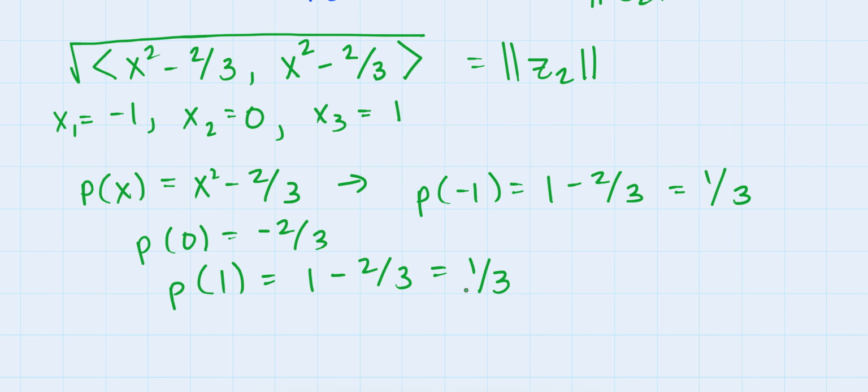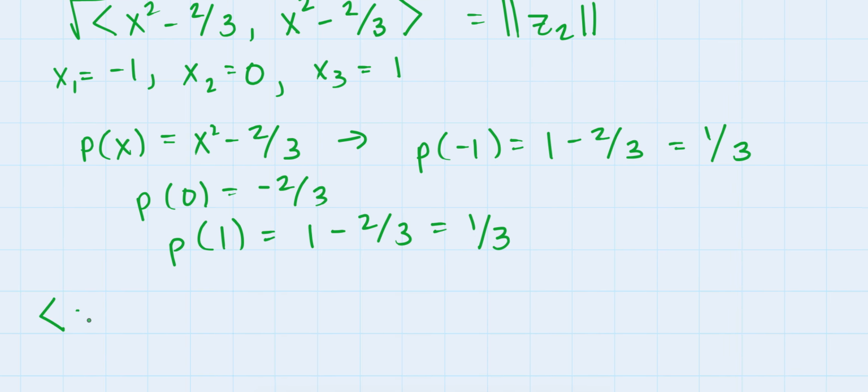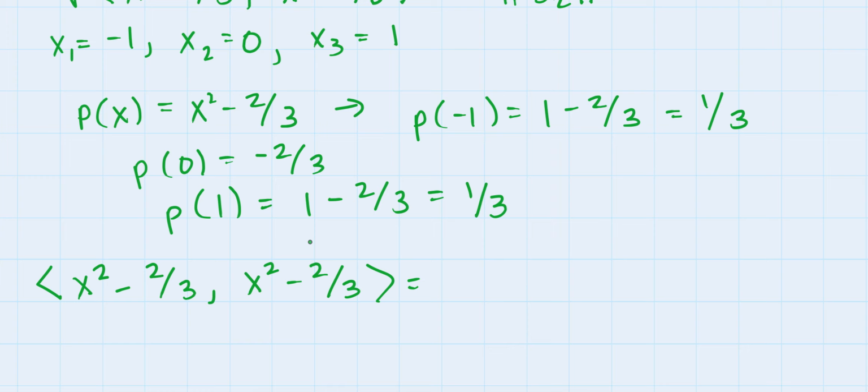Okay? And the inner product of x squared minus 2/3 with x squared minus 2/3 is, well, we just multiply, because we have the same polynomial here. We take 1/3 and square it. So we plug in the first number, which is -1, and then we square the second one, which is -2/3. Then we square the last one.